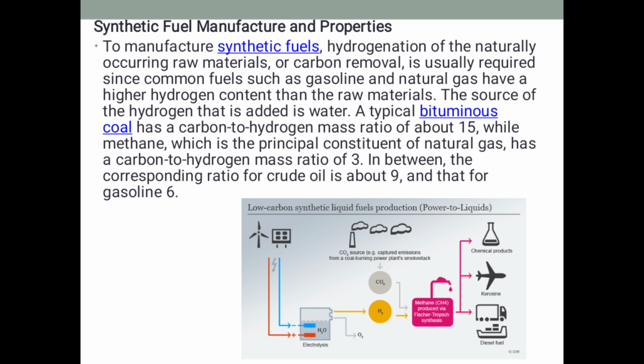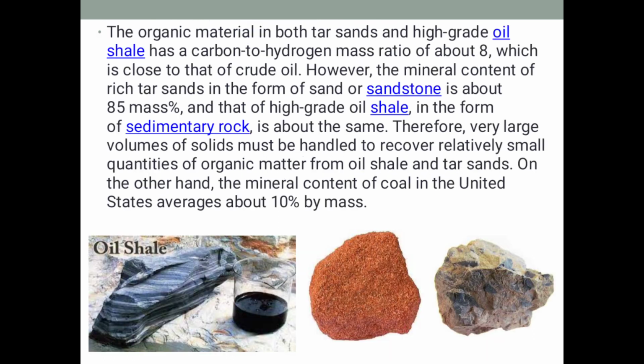A typical bituminous coal has a carbon to hydrogen mass ratio of about 15, while methane, which is the principal constituent of natural gas, has a carbon to hydrogen mass ratio of 3. In between, the corresponding ratio for crude oil is about 9, and that for gasoline is 6.